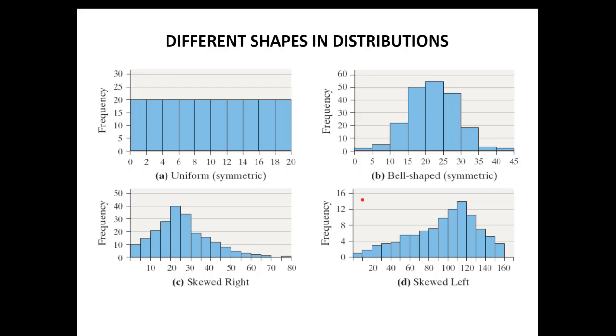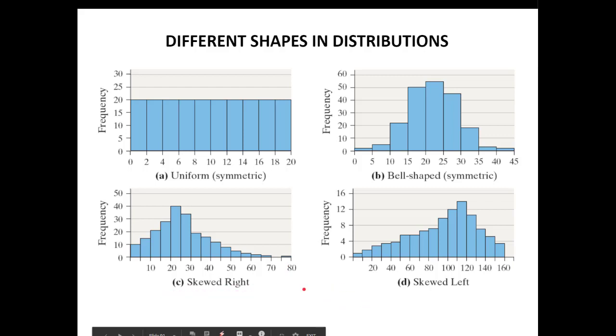There are different shapes in the distribution. Notice these are all frequency histograms. Looking at letter C, we discussed the right skewed distribution. Here is the outlier, which is much greater than the majority of the data. It's causing this long right tail and causing the data to be right skewed, or again, positively skewed is another way of saying it.